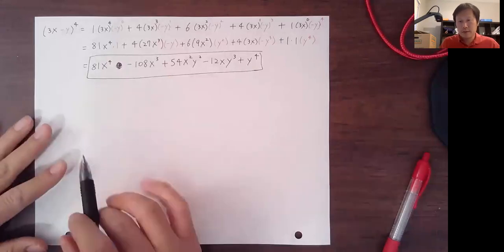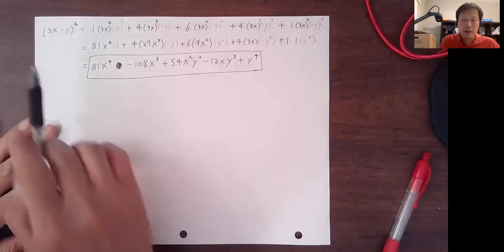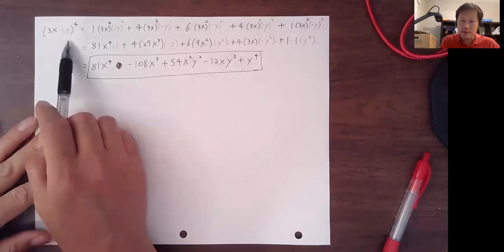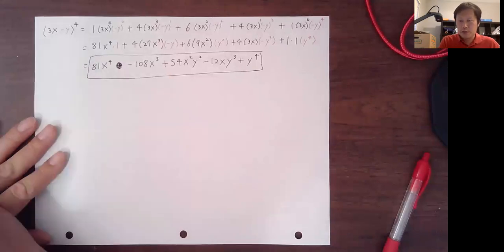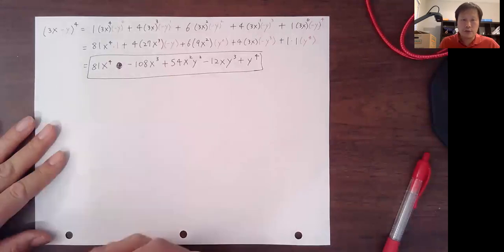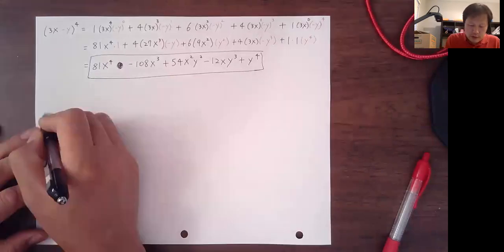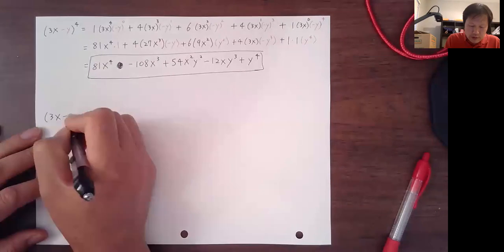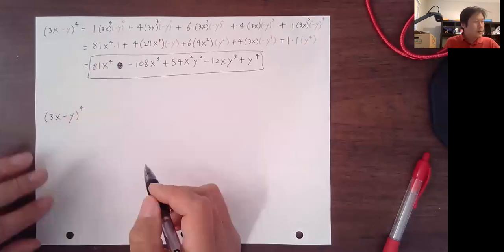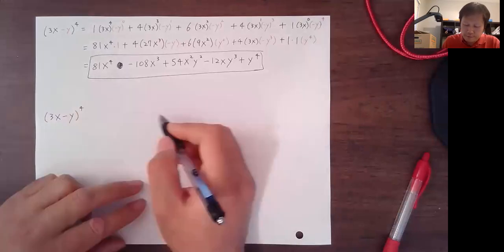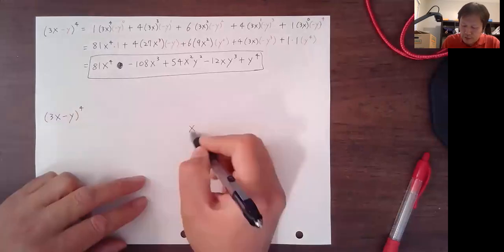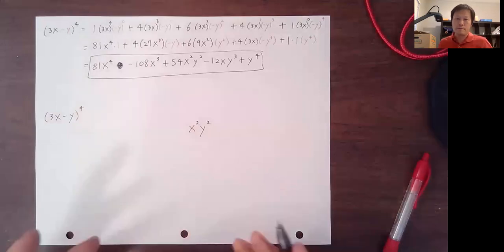So in the previous video, I explained to you how you can expand binomials like this. Another type of question you need to know is, we could ask you like this, 3x minus y to the fourth power, and we could ask you, find the coefficient of the x squared y squared term.